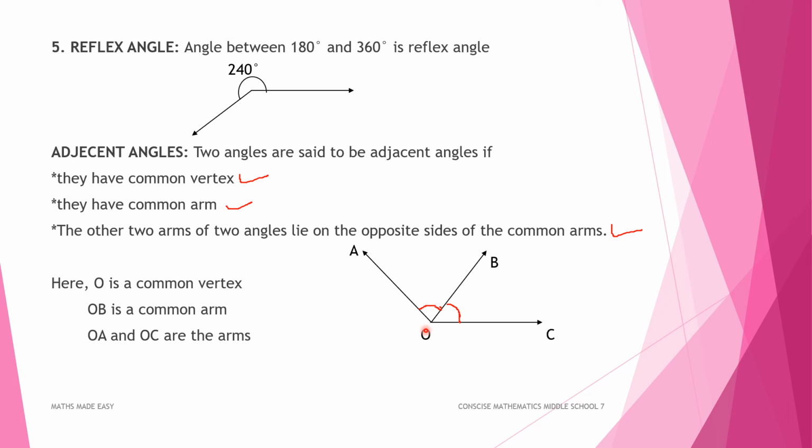OA and OC are the other arms, and OB is the common arm. O is the vertex. Hence, angles AOB and BOC are adjacent angles.